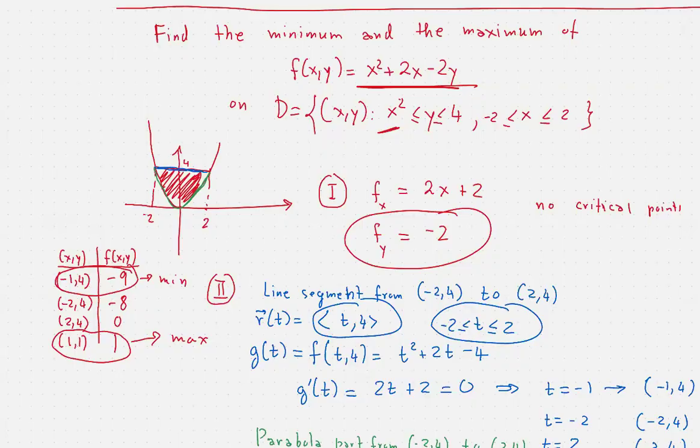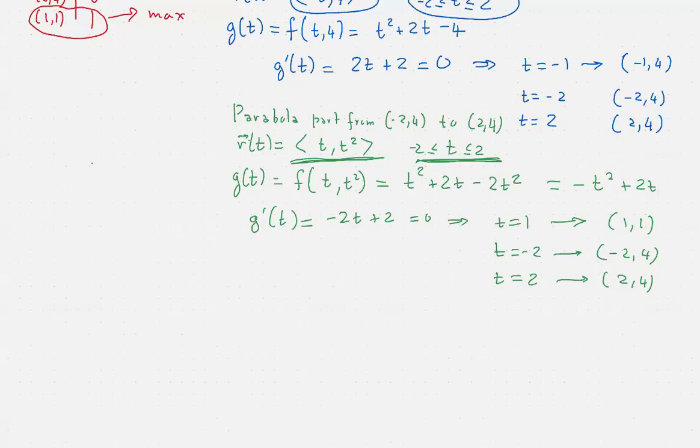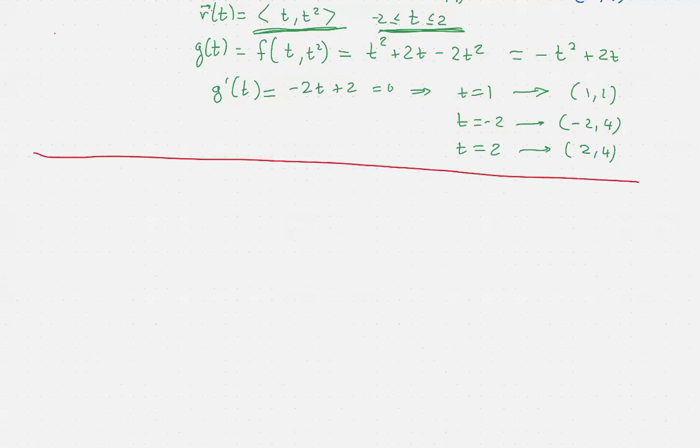Okay, great. Now let's proceed with some problems on Lagrange multipliers. So we have the third problem, which is to find the minimum and the maximum of f of x, y equal to x plus 3y on the ellipse x squared plus 4y squared is equal to 13.